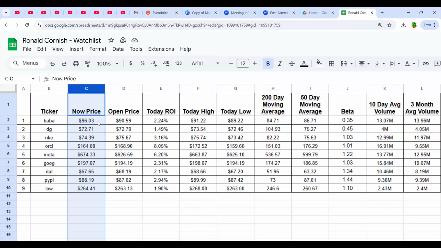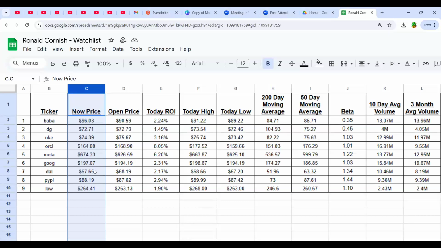Looks like Baba kept going up. It was 91 when you tracked it, and now it's 96. Oracle was 172 on the high when you tracked it, and it's down to 164. Meta's risen almost 10 points since its high.